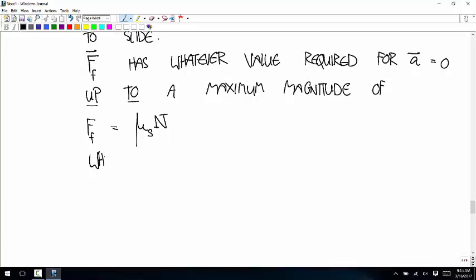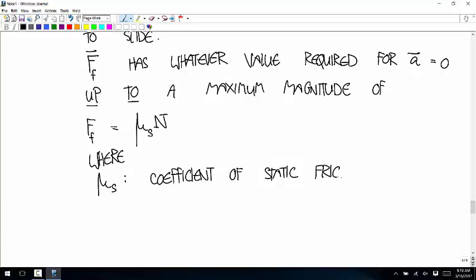where mu sub S is the coefficient of static friction, and that's something you can Google or look up in tables. It's just a property of the two materials, so you could look up the coefficient of static friction for wood and concrete, or wood and ice, or steel and iron, or whatever.